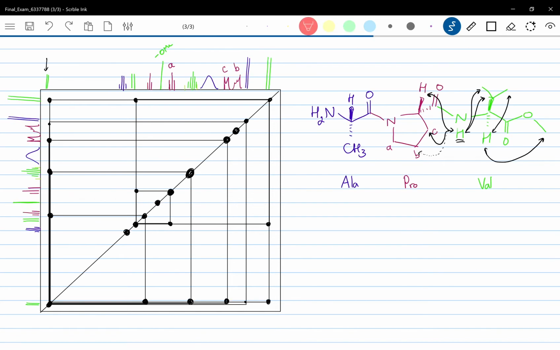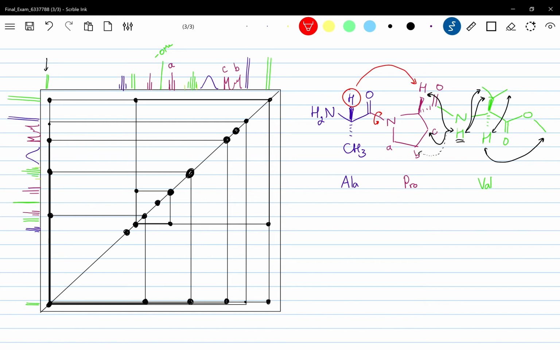This time we'll talk about, well, let's go to the other way. So for alanine instead, if we talk about, let's say, this alpha proton of alanine, since this bond is rotatable, it can have interaction with both the alpha proton of proline and proton A, right?